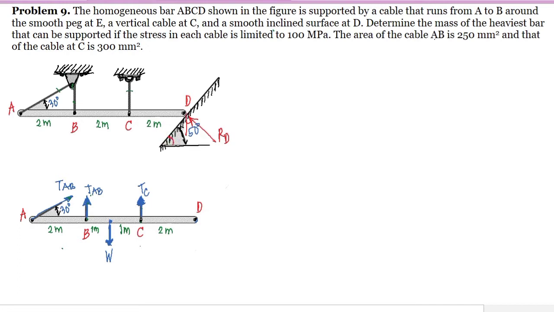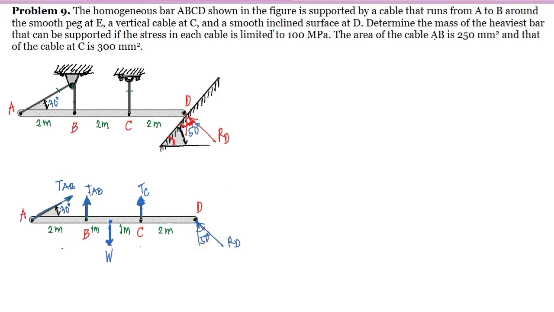So, this part is 40 degrees. Since this is 90 degrees, this is also 50 degrees. So, if we have here the reaction RD, that is 50 degrees from the vertical.